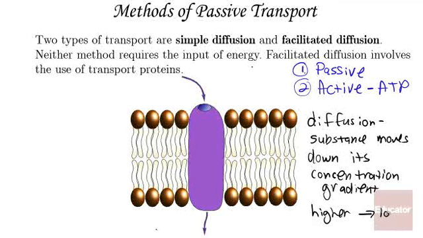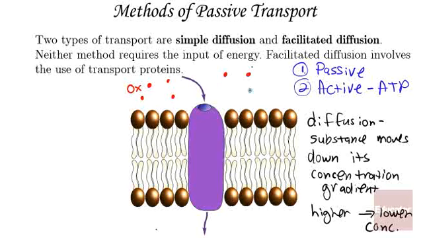Higher to lower concentration. For example, imagine that on one side of the cell, I have a lot of oxygen. So we'll have oxygen represented as just these red dots.